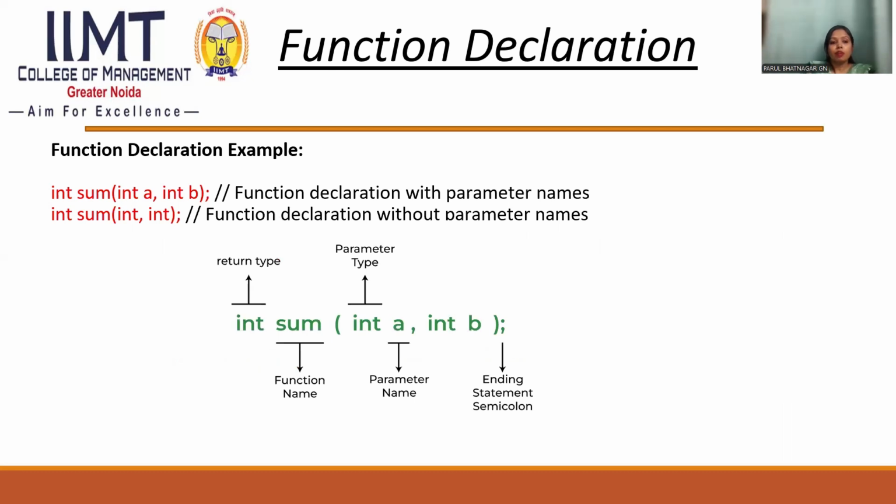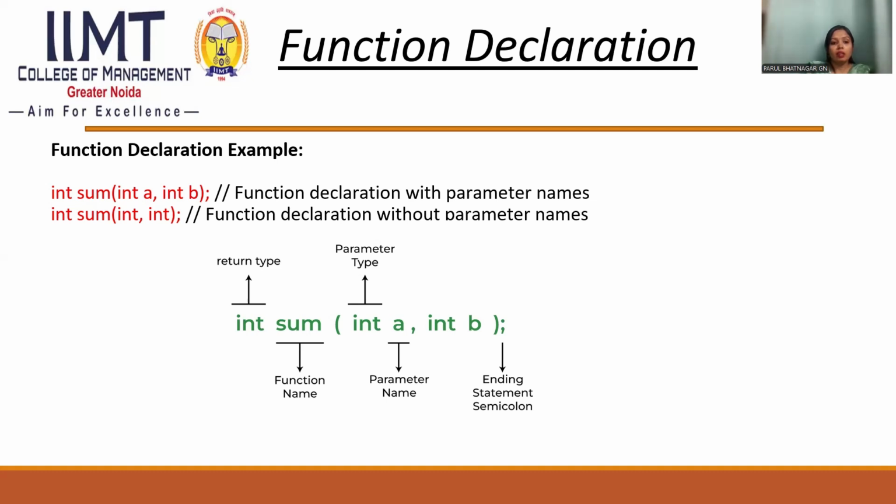Here we show function declaration example. We can declare function in two ways. Number one, here we declare a sum function which receives two parameters of integer type and return integer value. In sum, in between of brackets, we declare two parameters, int a and int b. Function declaration with parameter names.